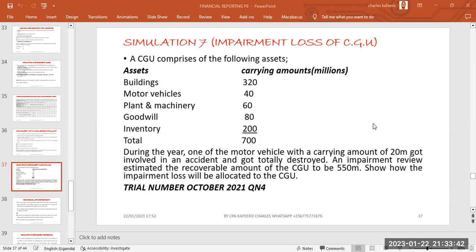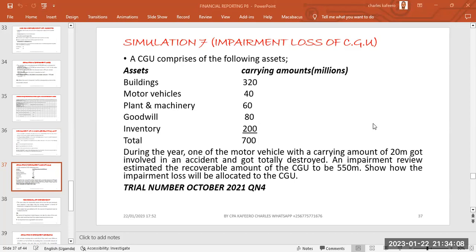There is an order we follow of how we are going to be able to allocate the impairment loss of a cash generating unit. And we said one of the items you start with is if there are any damaged or destroyed assets. In this case, you find that the asset has completely gone off.